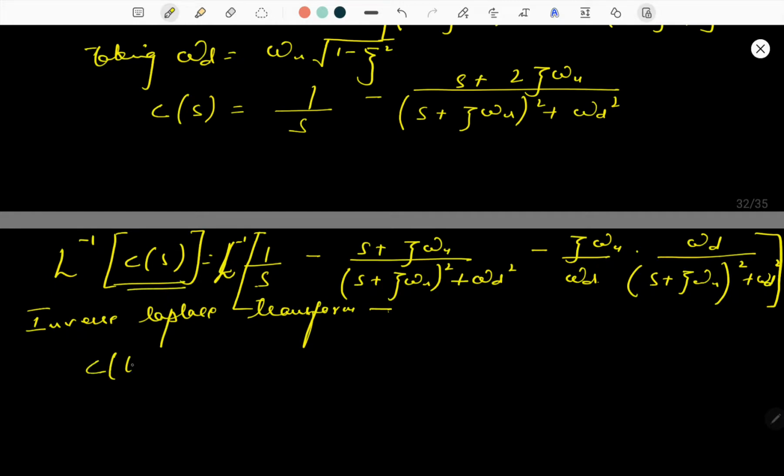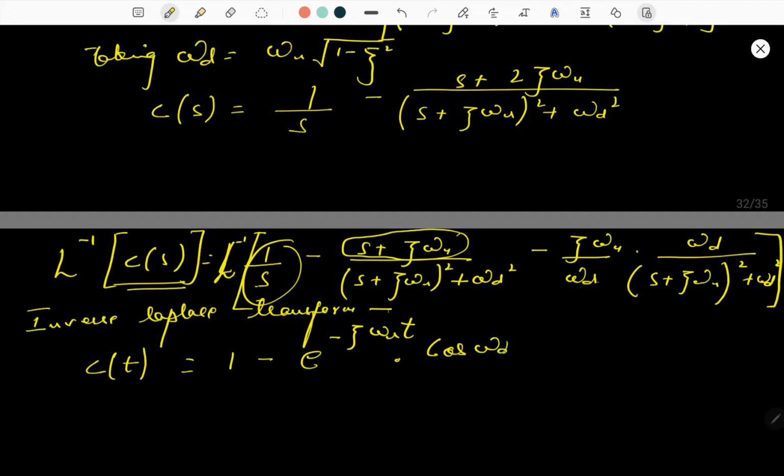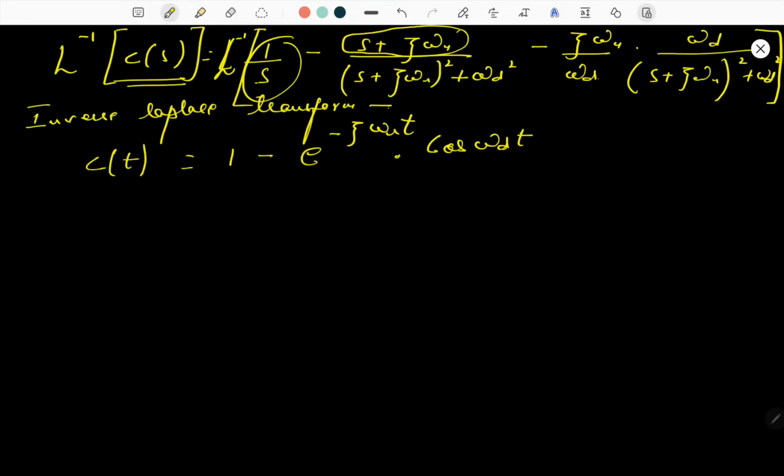This will become c(t) equals Laplace inverse of 1 upon s, which is 1, minus the Laplace inverse of (s plus zeta omega n) upon this term. This will give us e to the power minus zeta omega n t into cos omega d t, minus zeta omega n upon omega d.